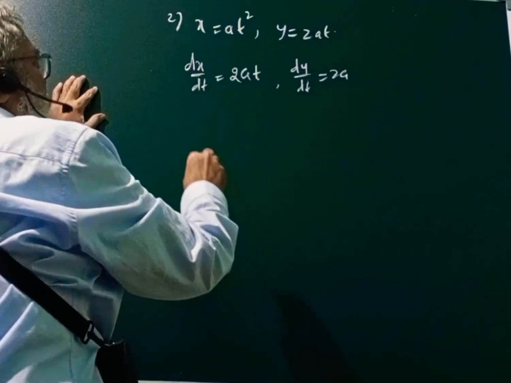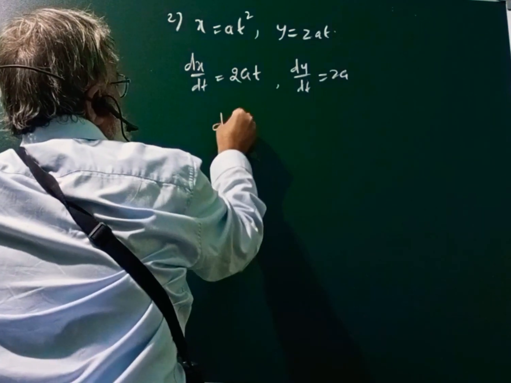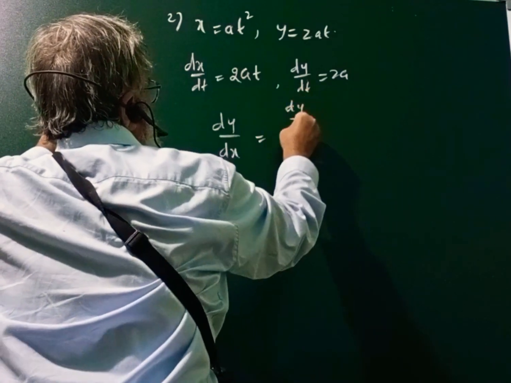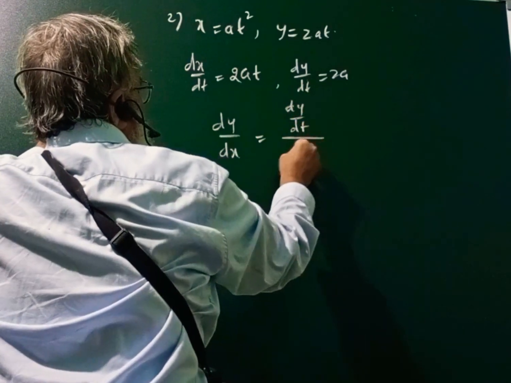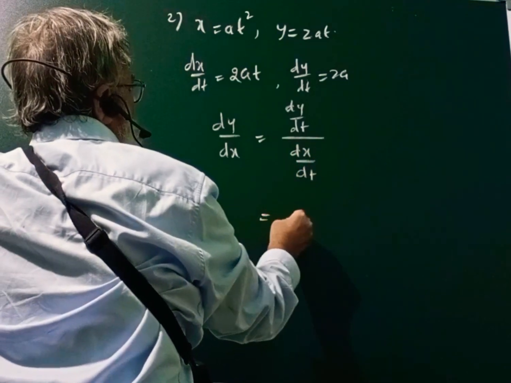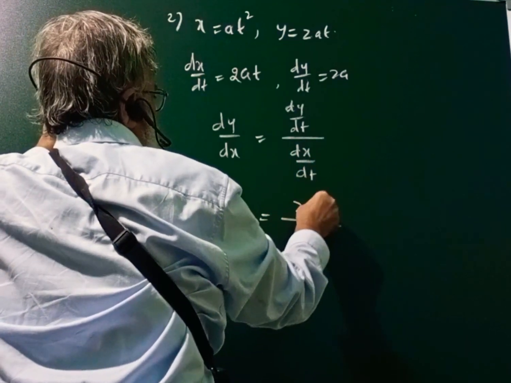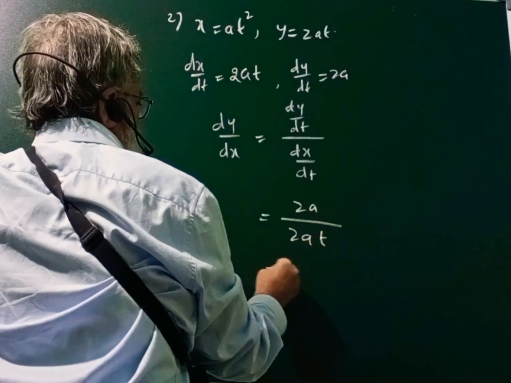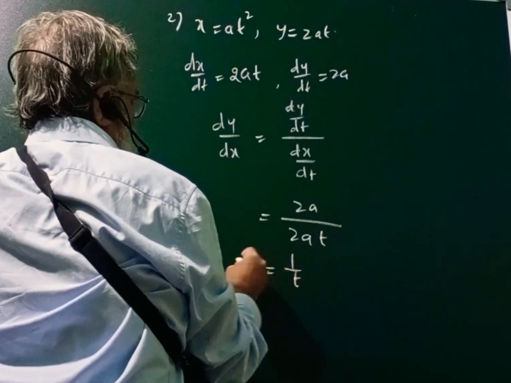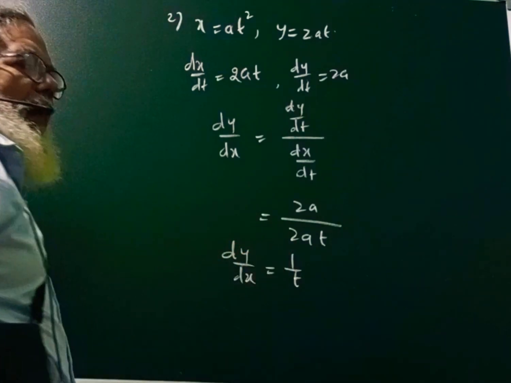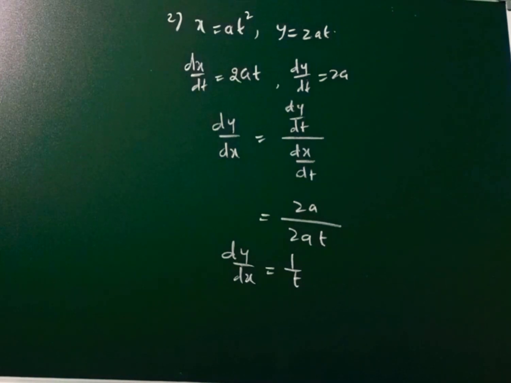So therefore we can write dy by dx is equal to, we have the formula, dy by dt divided by dx by dt. dy by dt is 2a, dx by dt is 2at. Now 2a cancels with 2a. Our answer is dy by dx is equal to 1 by t.